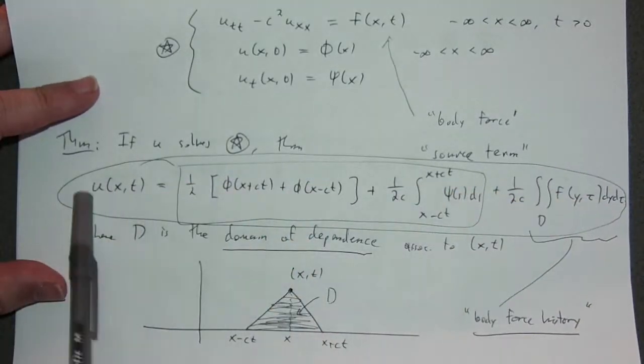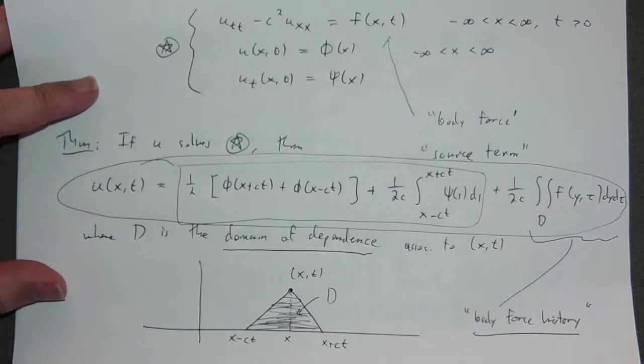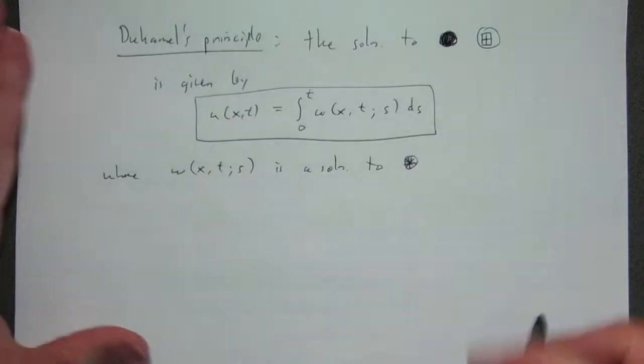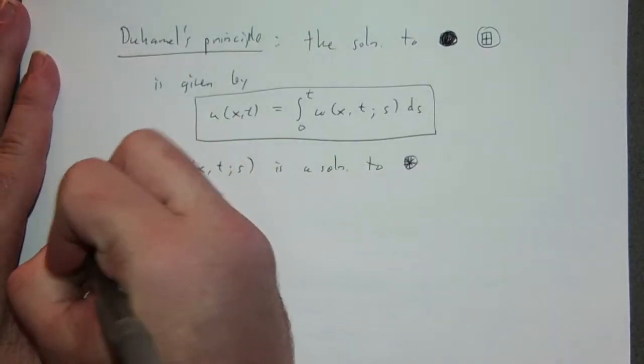So this expression can actually be obtained from Duhamel's principle. And there's an exercise in this chapter, I think it's exercise 17, that asks you to show that. So let's prove Duhamel's principle.